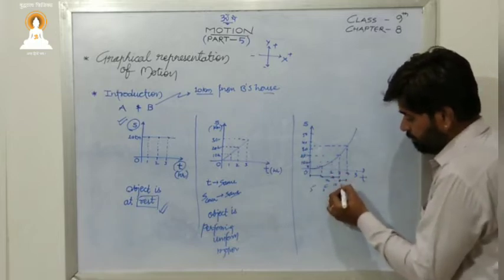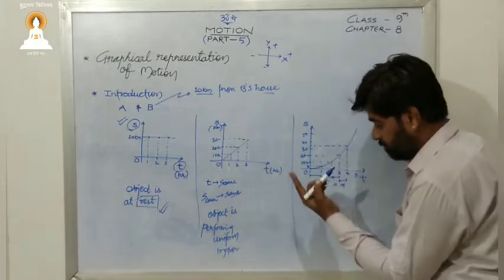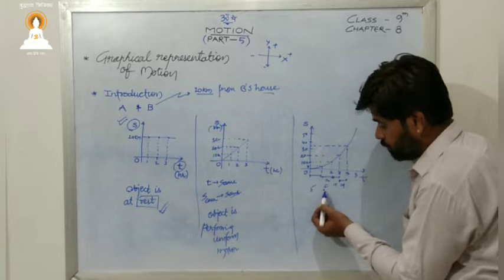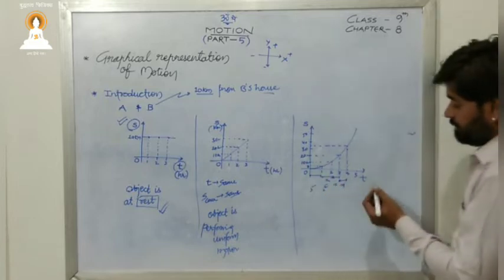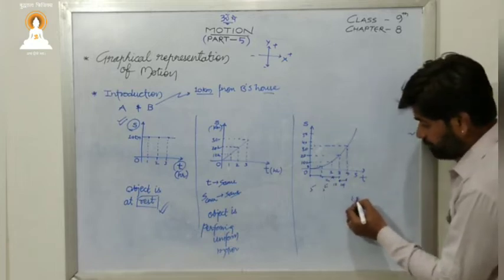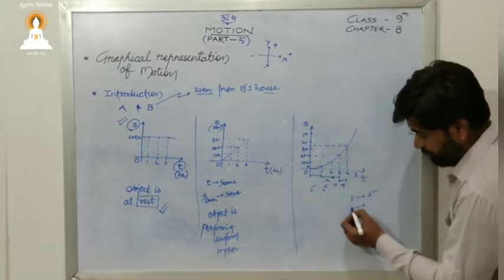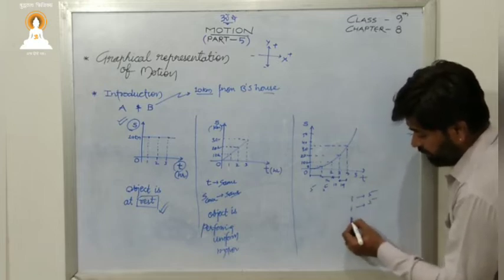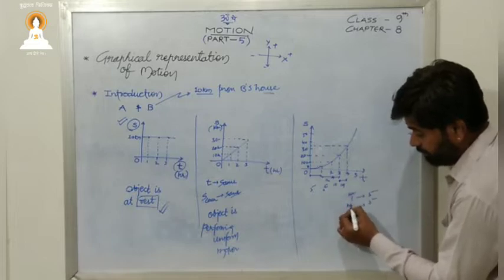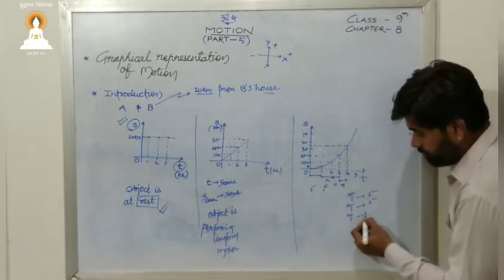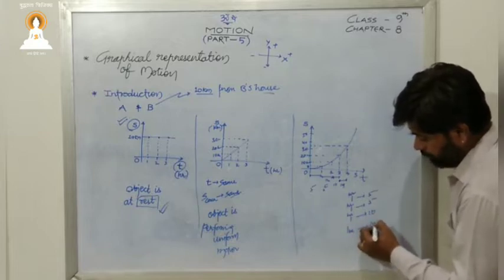Now we may see that after every equal interval, 0 to 1, 1 hour, 5 kilometer; 1 to 2, again 1 hour, 5 kilometer; 2 to 3, again 1 hour, 10 kilometer; and the last 1 hour, 14 kilometer.